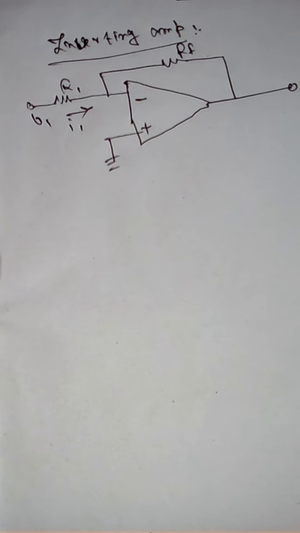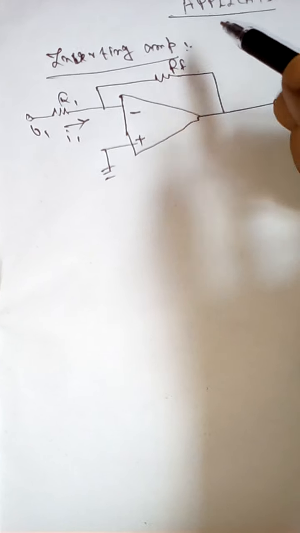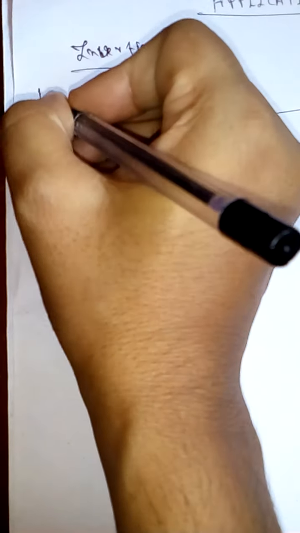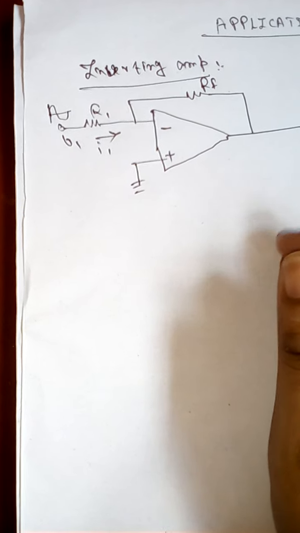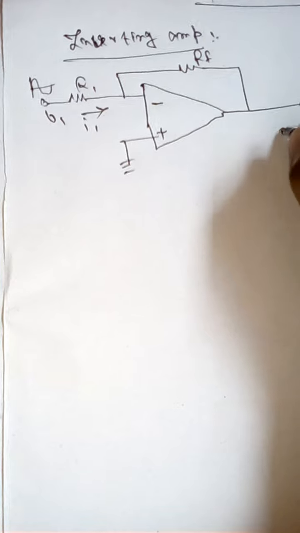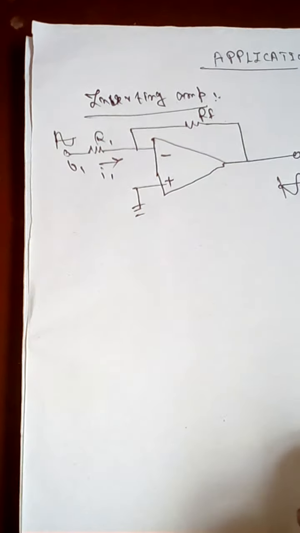From the figure, the op-amp circuit uses a single resistor R1 and a feedback resistance RF. V0 is the output and the input is V1. Suppose we apply a sinusoidal voltage here, then inverting means a 180-degree phase shift at the output.